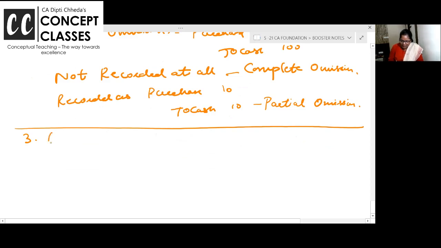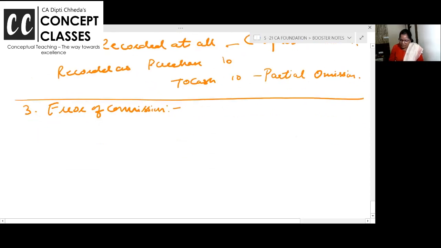Third type of error is error of commission. Error of commission is beautiful analysis. Recording wrong amount, there's a mistake in the amount.